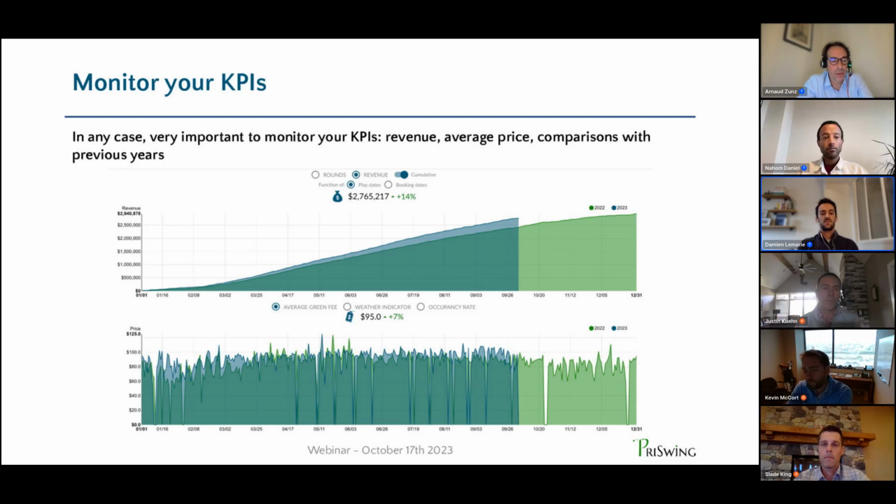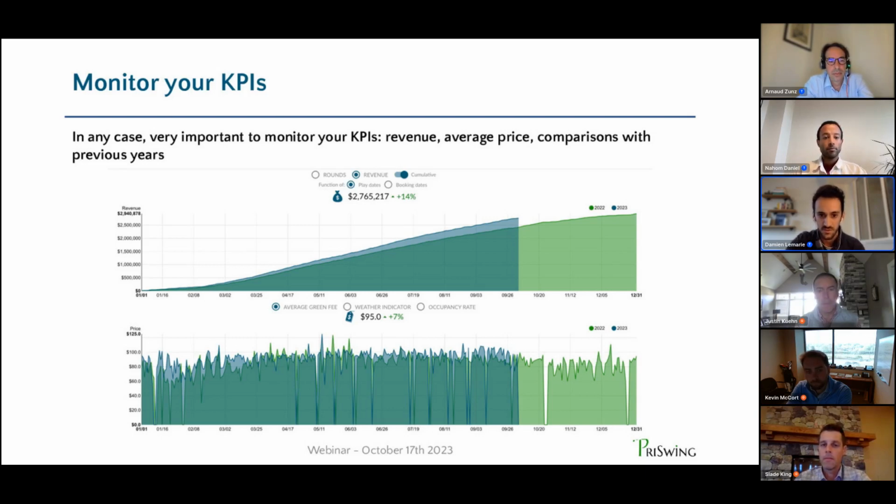And lastly, what's very important, no matter your strategy, if you are on step 1 or step 4, is to monitor your KPIs, key performance indicators: revenue, mostly revenue, average price, and occupancy rate, and comparisons with previous years to check that your revenue is going up and that your average price is going up as well.